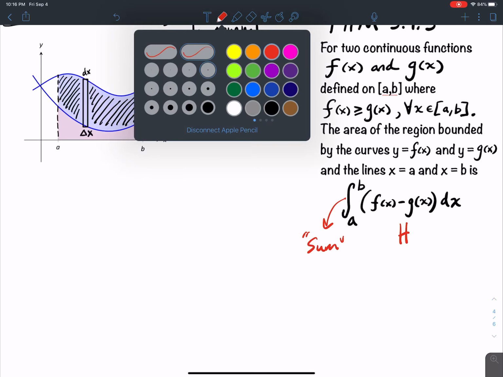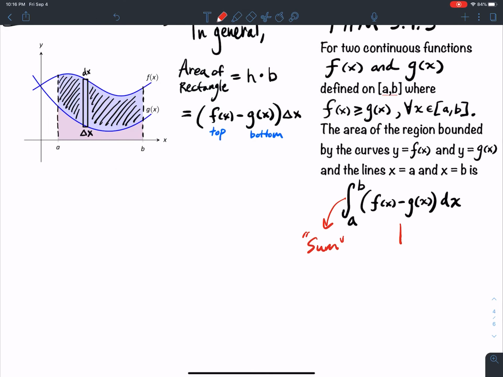So base times height here. How do I know it's base times height? Well, f minus g, top minus bottom, is how tall the rectangle is. Delta x, that's how wide the rectangle is. So I'm literally saying for some arbitrary x value, here's the height and here's the base.